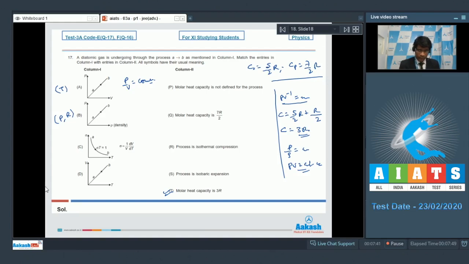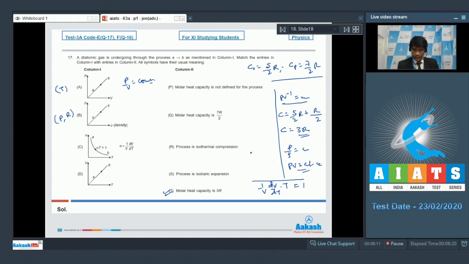Now for option C, the graph shows that the temperature is increasing along this direction, and the other part is sigma T is equal to 1, where sigma is 1 by V dV by dT. So T into that is coming out to be 1.